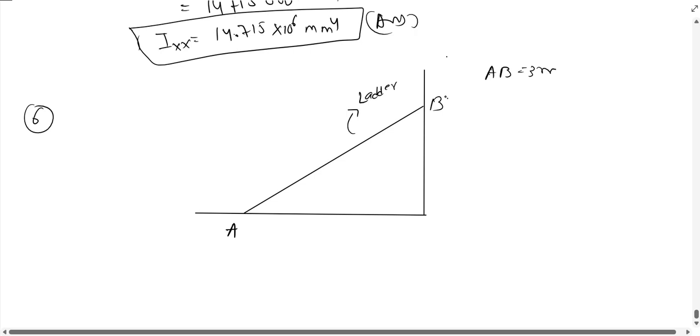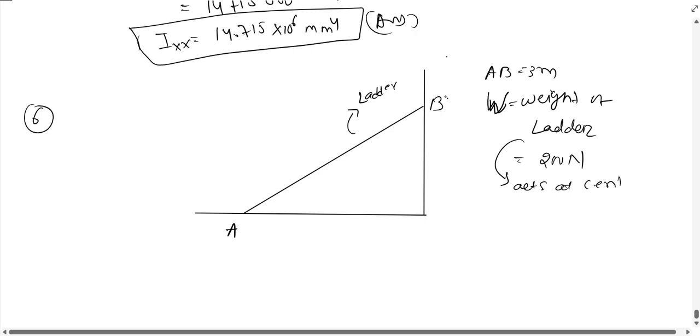The length of the ladder AB equals 3 meter, and let W be the weight of the ladder, which is given as 200 Newton. Always remember this weight will act at the center of the ladder. So let this be the point where weight is acting, and the value of the weight is 200 Newton.